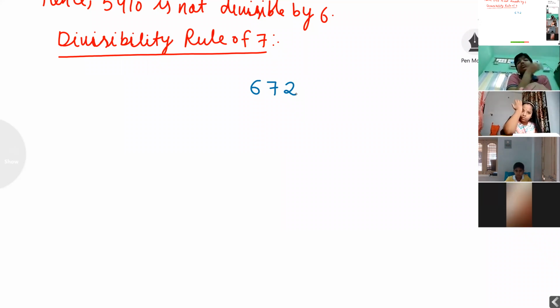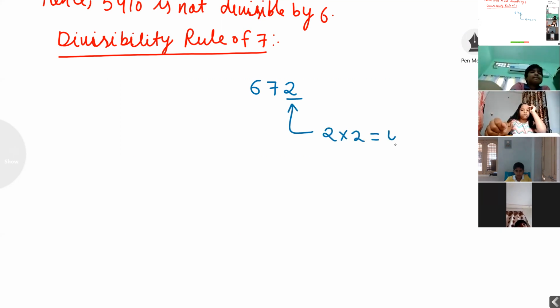First step, I will take double of the unit place. The unit place is 2. Double of 2 means 2 into 2 is equal to 4. If I want to check whether the given number is divisible by 7, step one is to take double of the ones place.